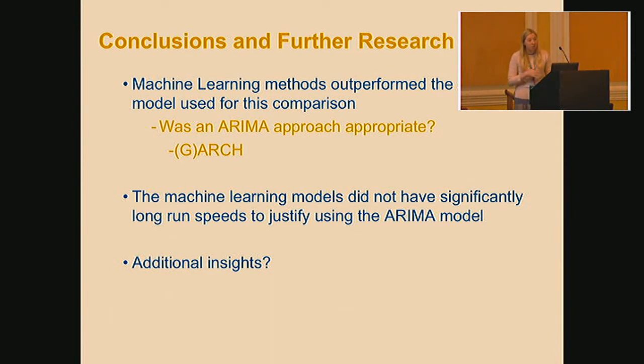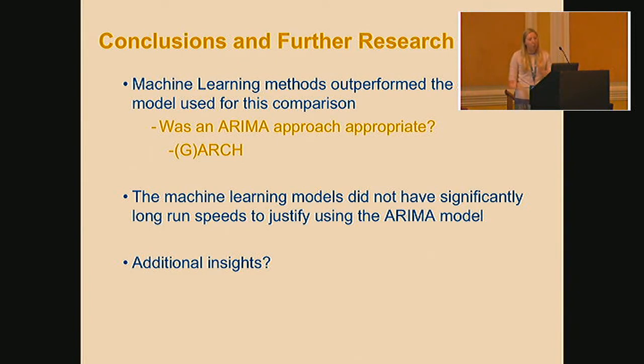Past literature did compare ARIMA models and various machine learning models, which is why I went down that route. But I think if I was to do it again, I would try an ARIMA model in conjunction with another time series technique, like a GARCH, which looks at conditional variance as well as the ARIMA conditional mean.